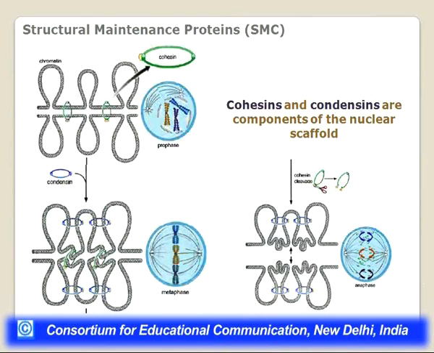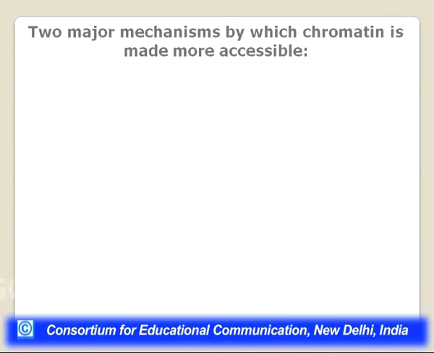The two sister chromatids are joined together by the cohesins, and then condensins further compact the loops. At anaphase, when the two sister chromatids separate, the cohesin is cleaved, and therefore the two sister chromatids can separate. But this kind of higher compaction is achieved by the structural maintenance proteins.